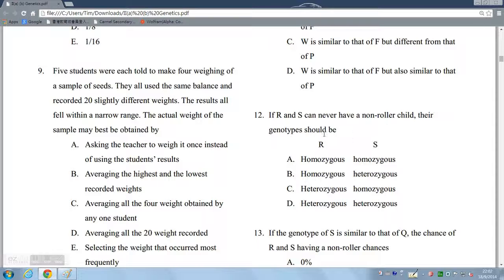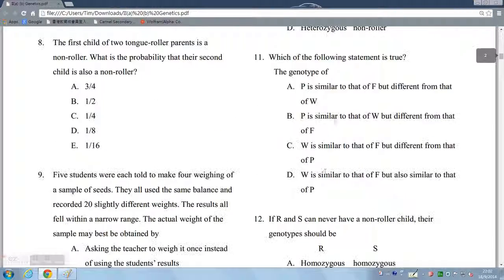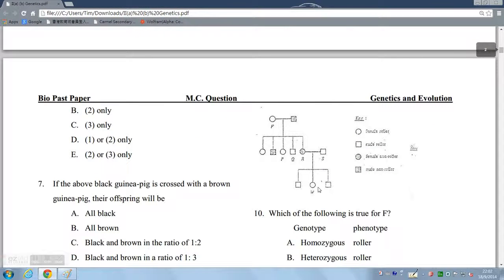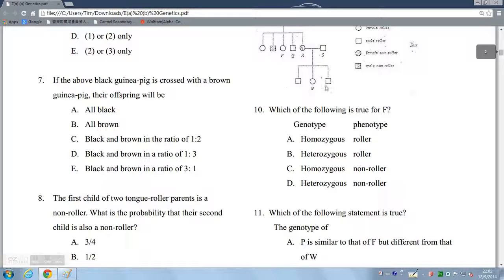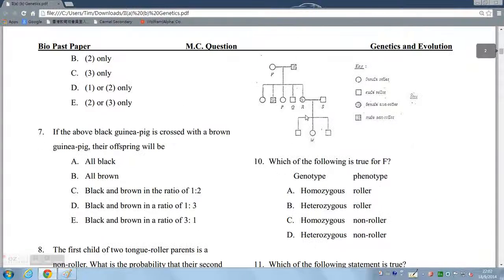And if we look at 12, it says if R and S can never have a non-roller child, their genotype should be these. And now in the cross between R and S, it says they can never have a non-roller child. It means that none of these children will ever be a non-roller. And so this tells us that none of these children will ever be homozygous recessive.